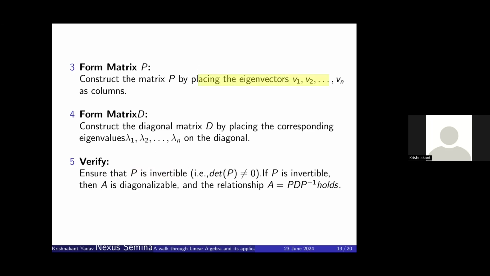We have to find the inverse of P, and P is invertible means the determinant of the P matrix, the eigenvector matrix, should not be equal to 0. Then we verify this relationship and prove that the matrix is diagonalizable.